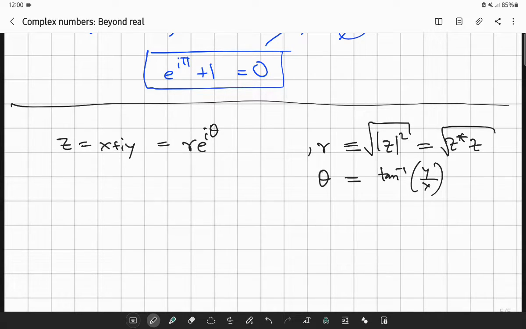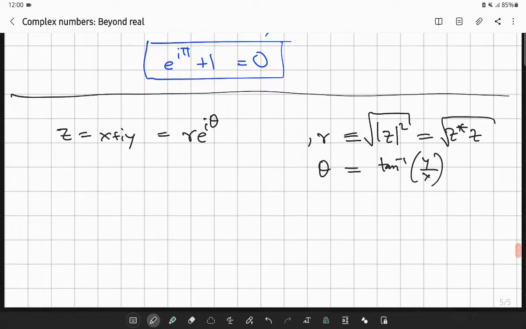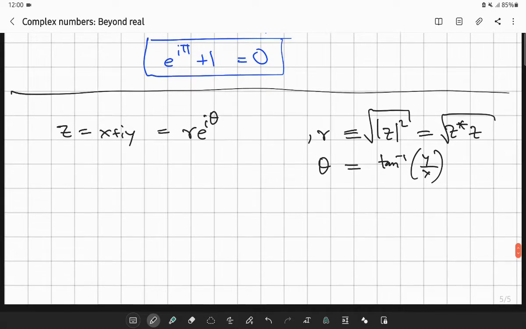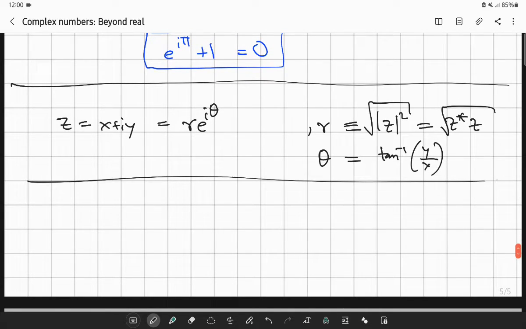Okay, fine. Now I want to show you the implications of this. I've shown you how, if you add two vectors, complex numbers resemble the vector addition. Now I want to show you what happens when you multiply two complex numbers.